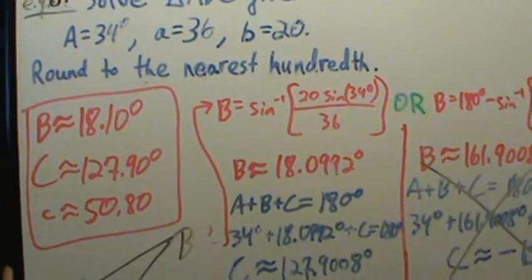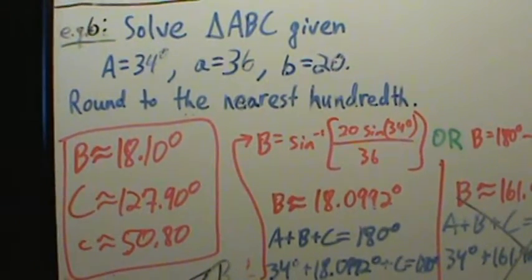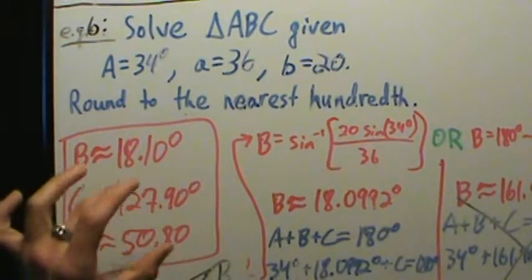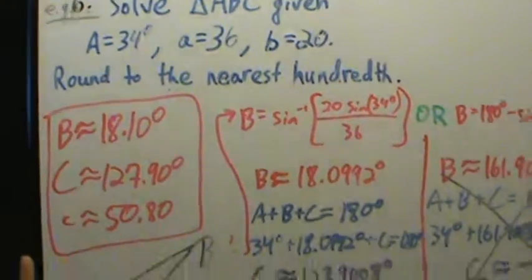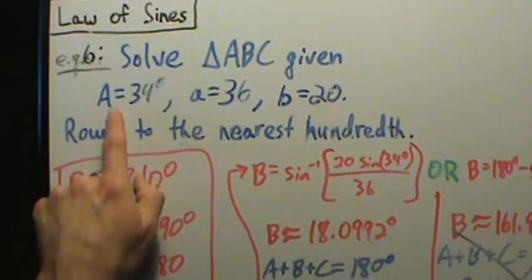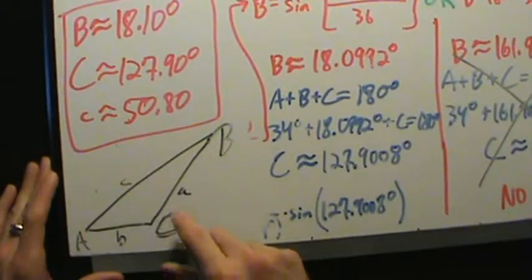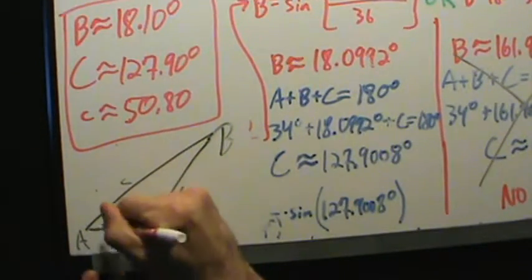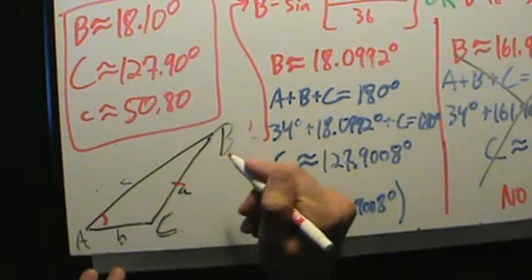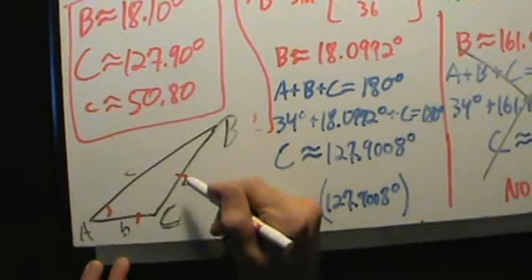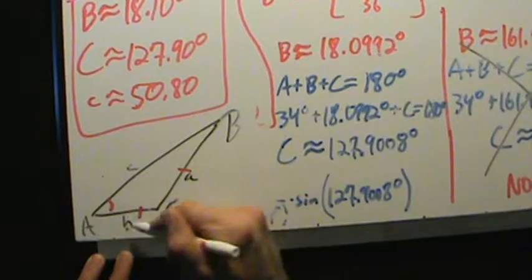So this example is the last one that covers all the cases that the SSA case could give us. So remember, in the beginning, we were given angle A and side B. So that's side angles. We were given the SSA case.